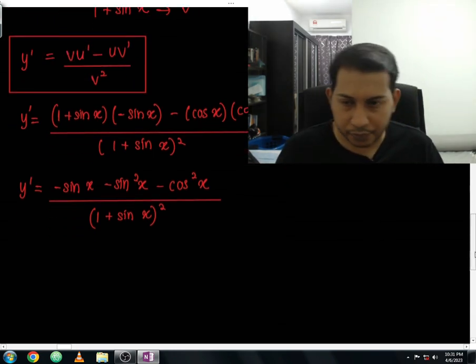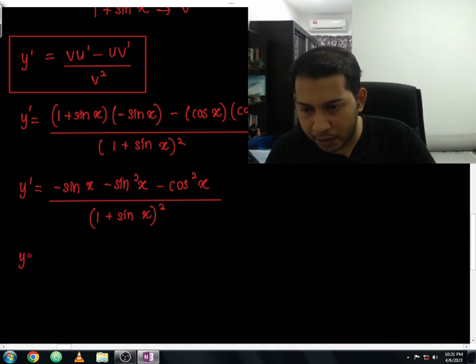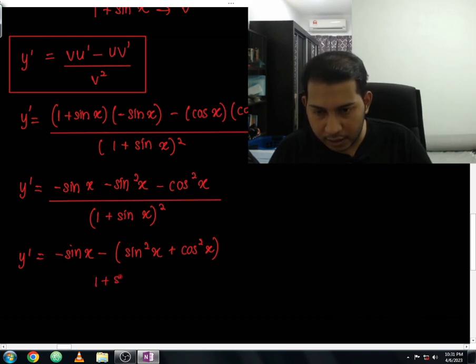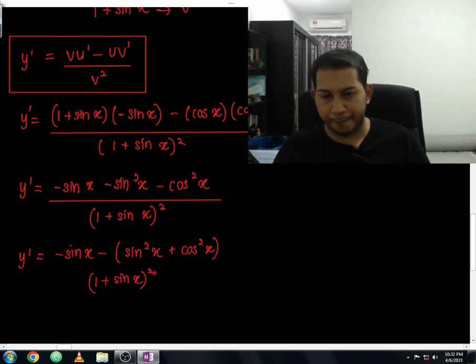So y prime will be equals to negative sine x, okay, minus, factor out sine square x plus cos square x, and divide with 1 plus sine x square.